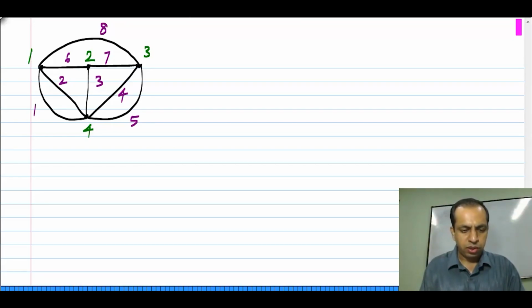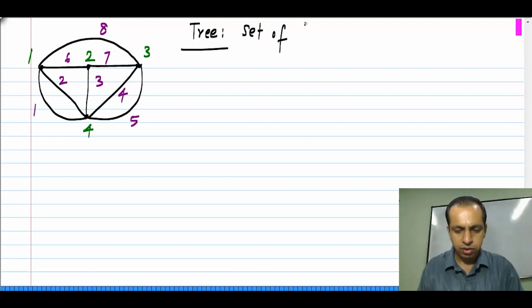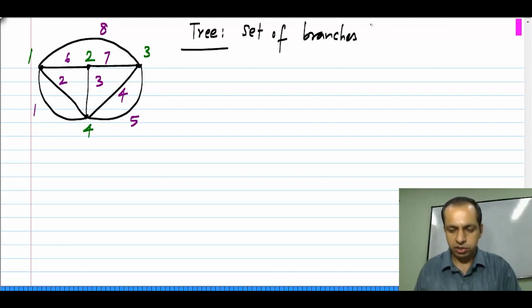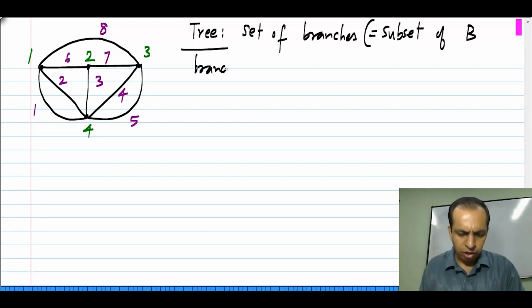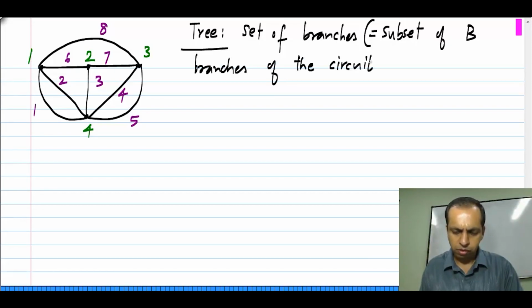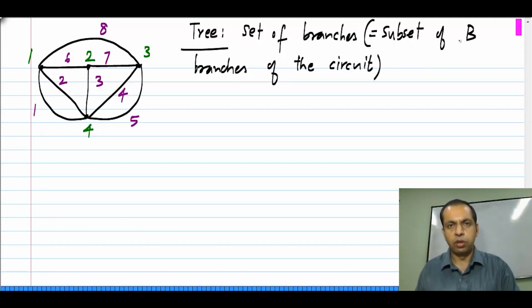So, to count the number of independent loops, what we do is first form what is known as a tree. Now, what is a tree? A tree is a set of branches, which is basically a subset of the B branches of the circuit, which traverse all the nodes.